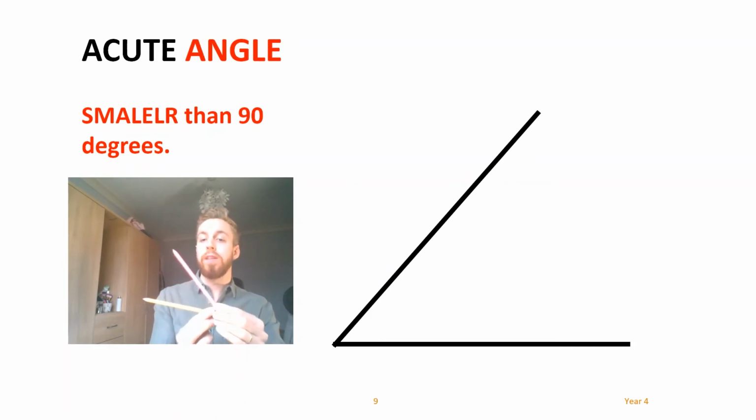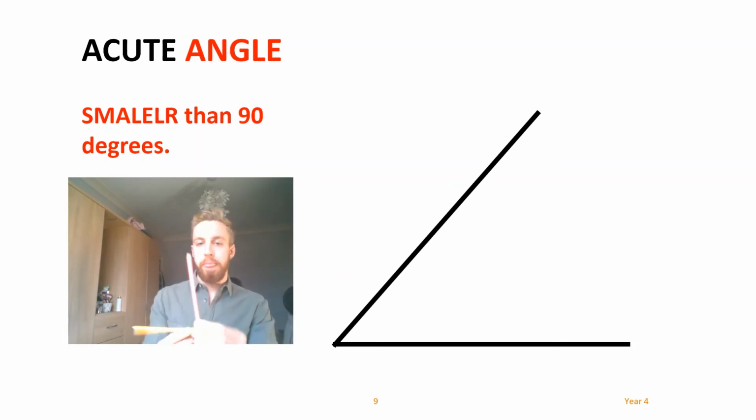All of these are smaller, all the way up to there where it becomes a right angle, and then if we kept going it would become an obtuse angle when it's bigger. So right angle, acute, right angle again, obtuse. Anything bigger than that right angle becomes obtuse again.